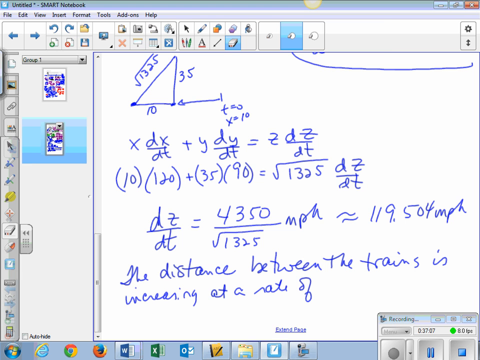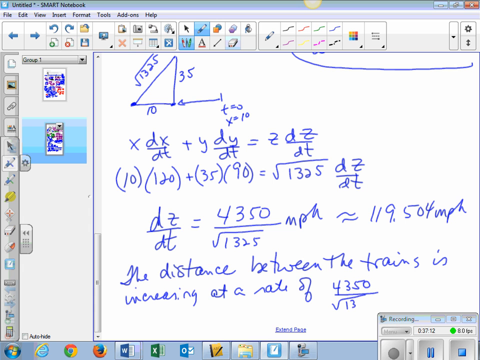That gave the wrong one. At a rate of 4350 over square root of 1325 miles per hour when t equals 1/6 of an hour. Okay? And I think that is it.